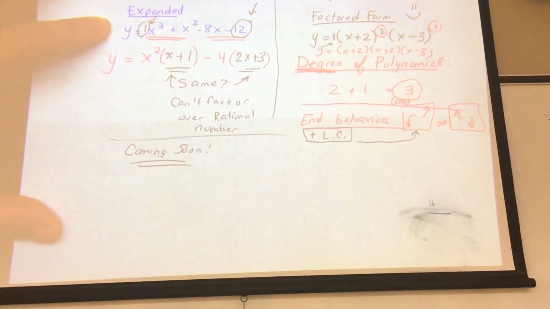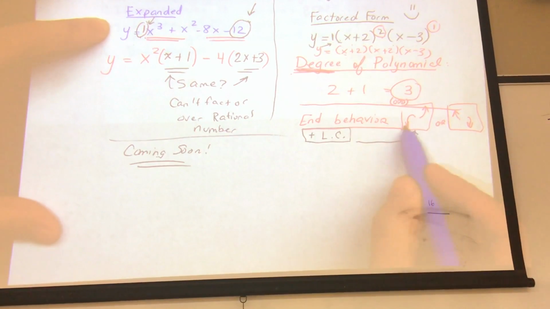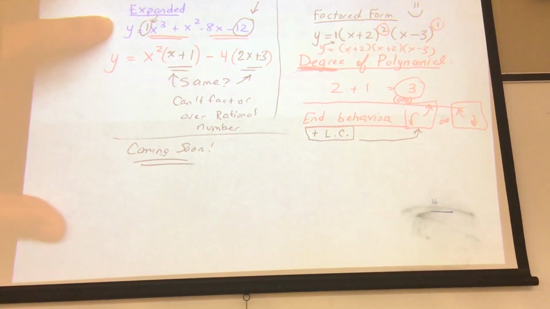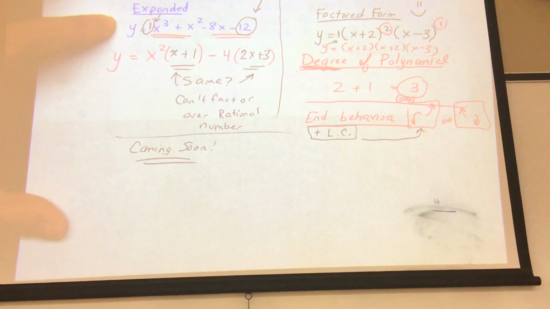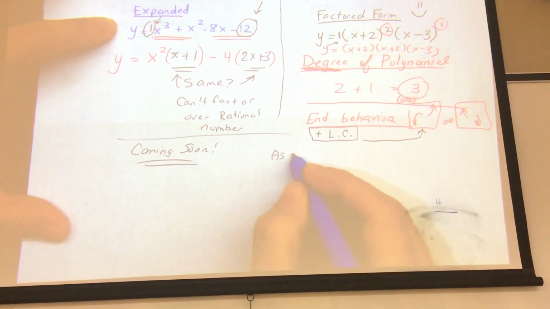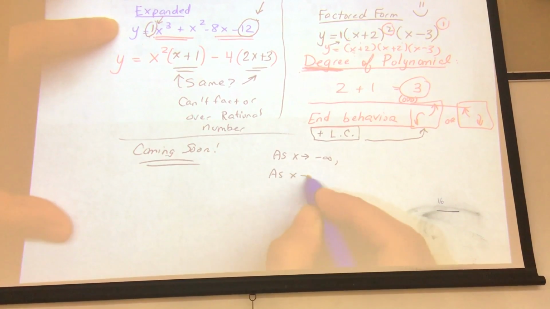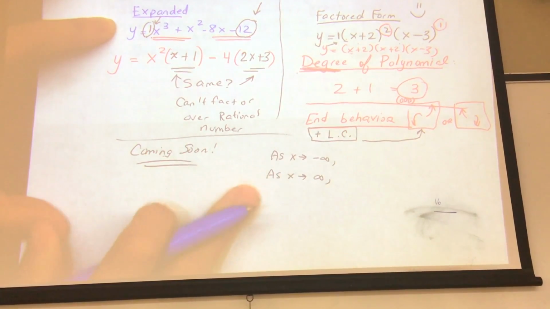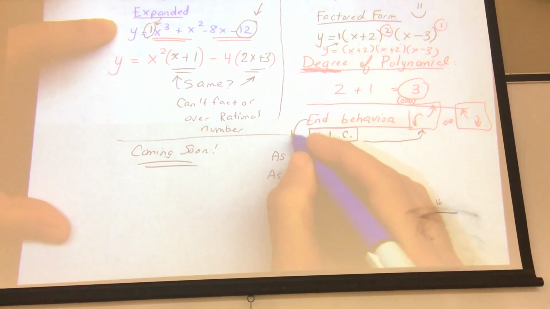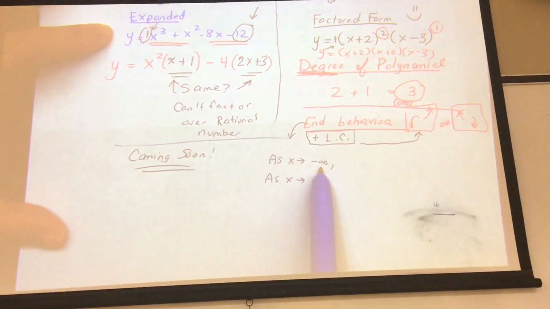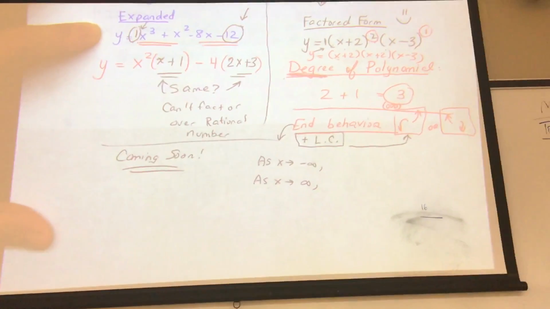So if I was writing out the end behavior, again, we have to talk about each piece. One piece is going to the left forever, the other going to the right forever. So I would say as x goes to the left forever, what's happening? And as x goes to the right forever, what's happening? That's standard protocol as you begin your end behavior.